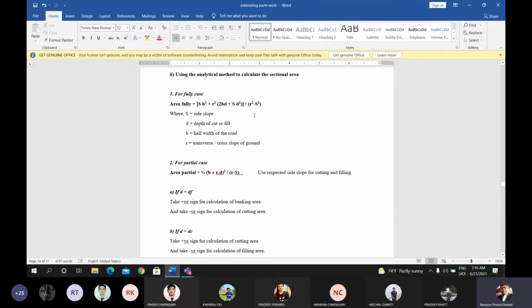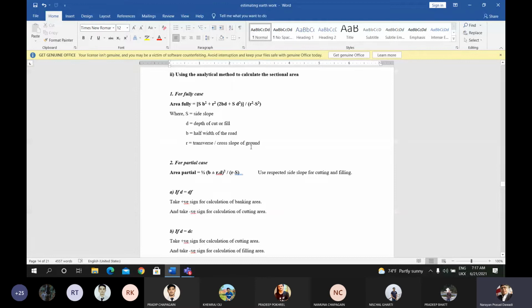Now for the partial case, if you multiply r times d and that value is less than the half width of the road, that is the small b, at that time you cannot use the fully case area formula.